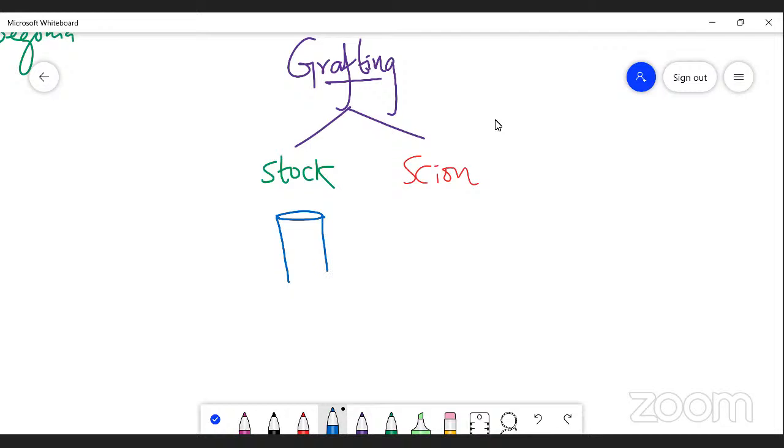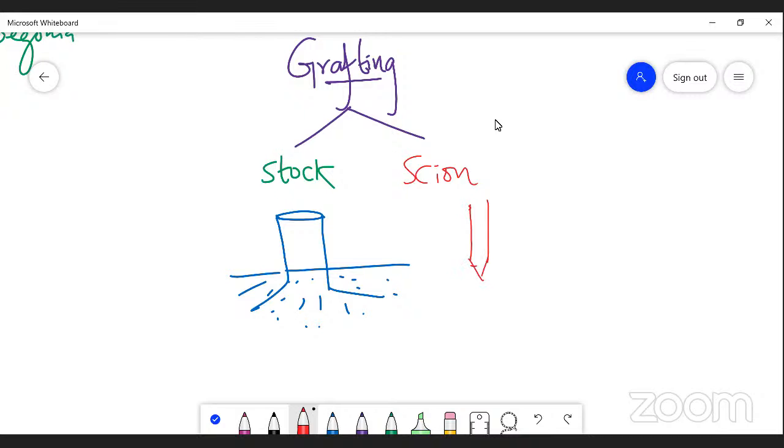This is a plant, a rooted one, which means it is in contact with the soil. And the scion is a part of a plant that has no contact with the soil. Its end is made very sharp, right? This is called the scion.